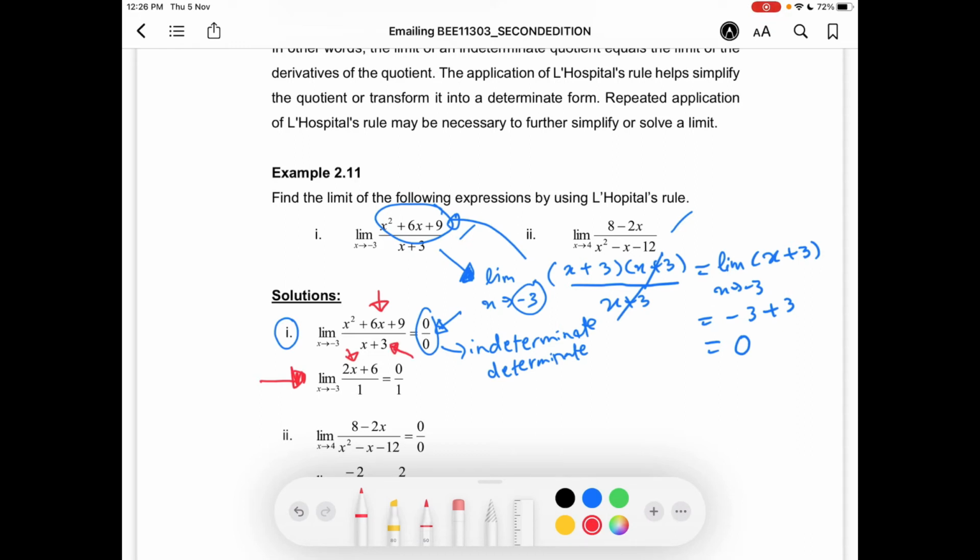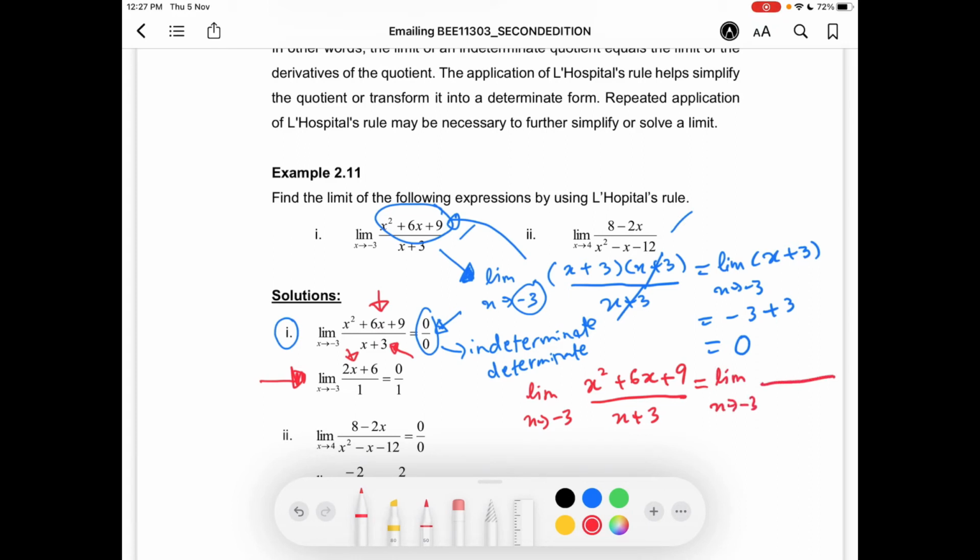What do I mean by that? If I write it down again, the question here is the limit as x approaches minus 3 of x squared plus 6x plus 9 over x plus 3. This is the solution for L'Hopital's rule.